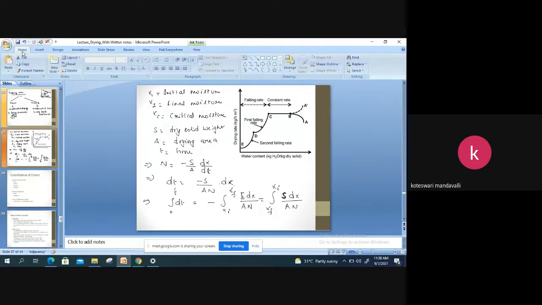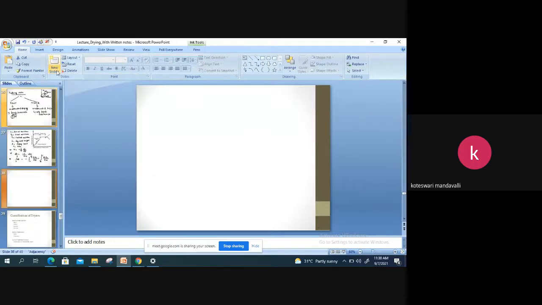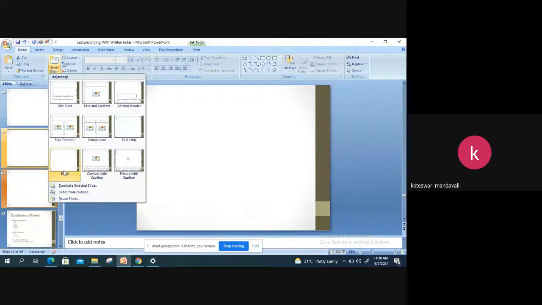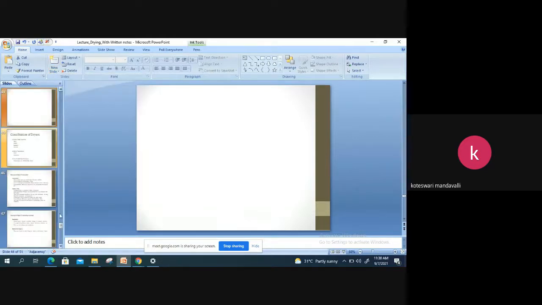I want to simplify this equation further. So what will happen if I want to simplify this equation?